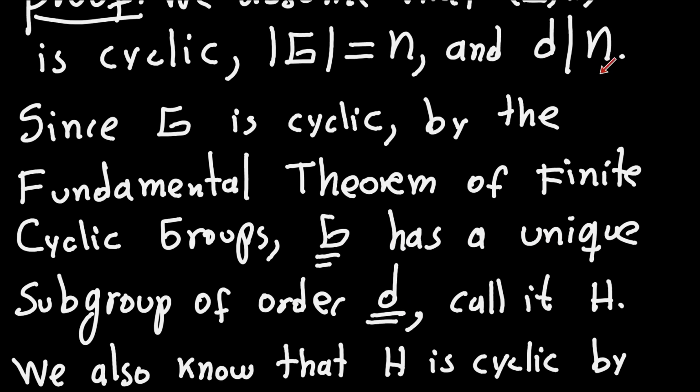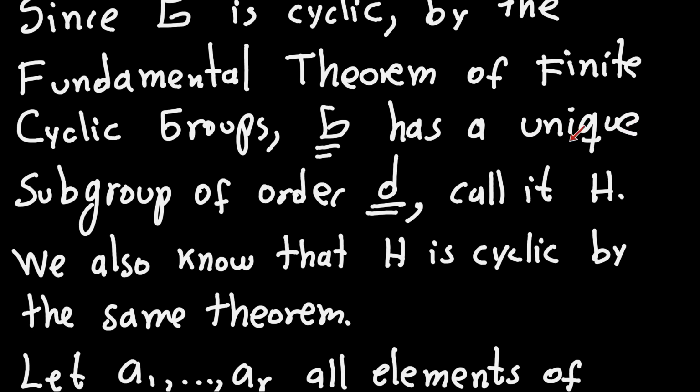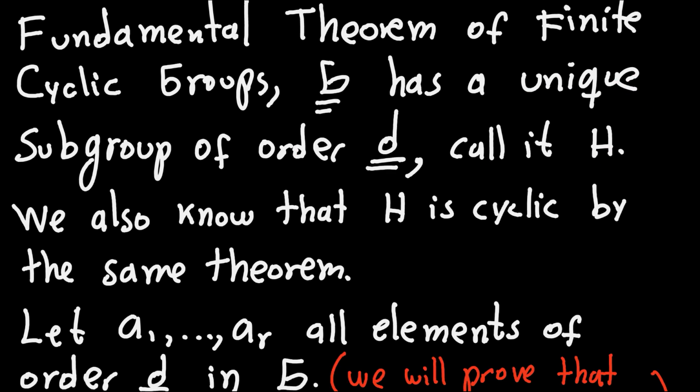For any divisor of the order of the group, there is a unique subgroup of that order. The important word here is unique, so there's only one of them. Now we're going to call that subgroup H. So H is the only subgroup of G that has order D.